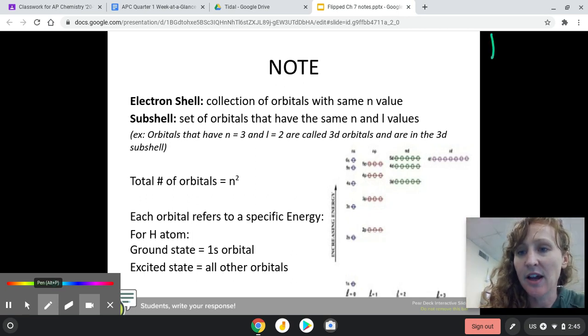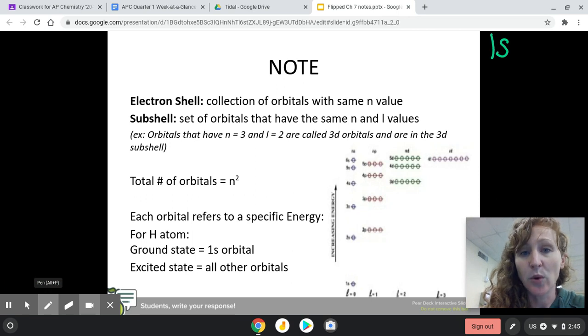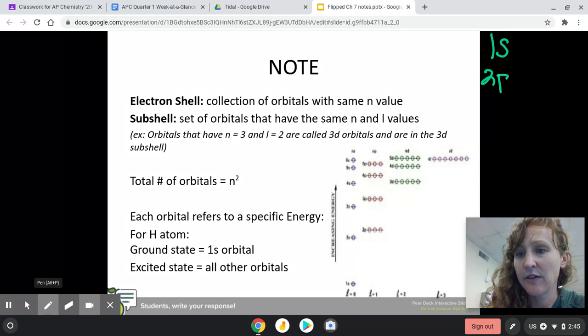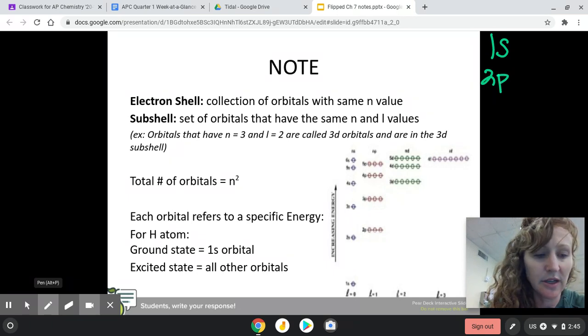So we're going to list off the suborbitals in the lines of their energy levels. Oops, not a p.